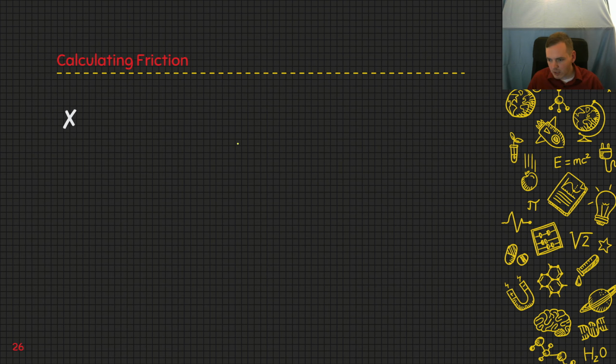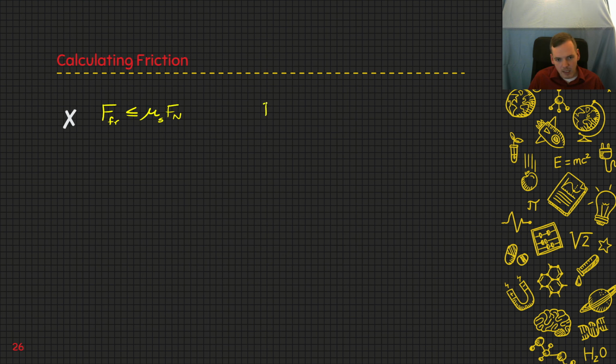If we want to calculate friction, we use the equation F friction. There's actually two equations here. One is going to be less than or equal to mu s times Fn.